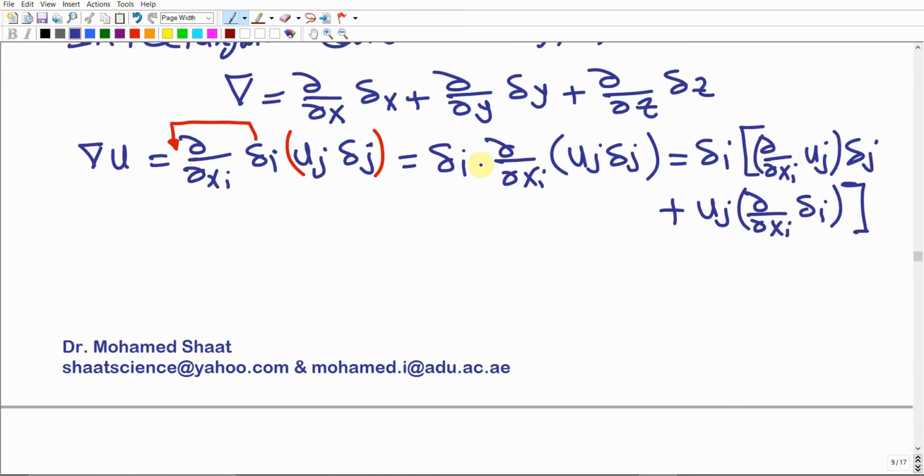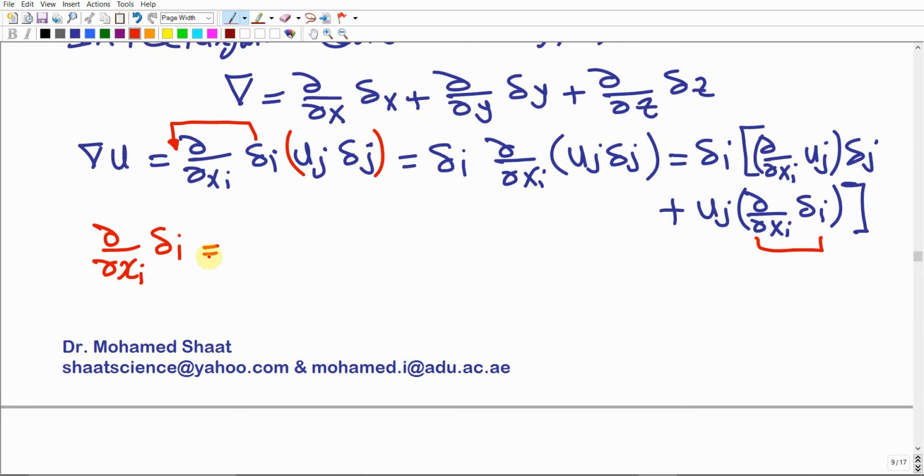Now as you can see, we have here the derivative of uj times delta I, which is a unit vector. Then in this term we have the derivative of delta I, which is the unit vector. So let us work on the derivative of the unit vector delta I, and we are working in rectangular coordinates.